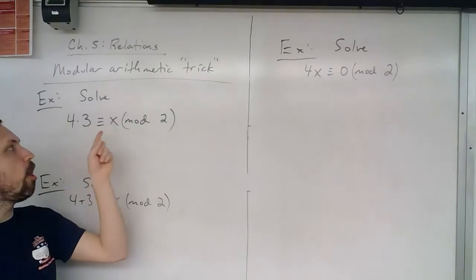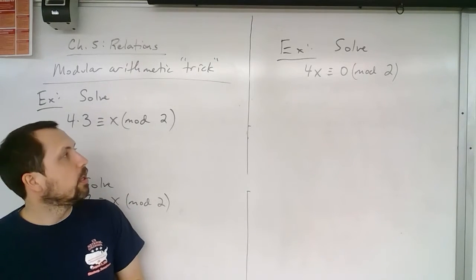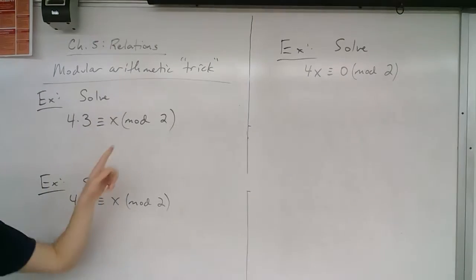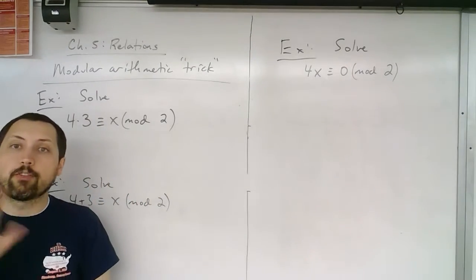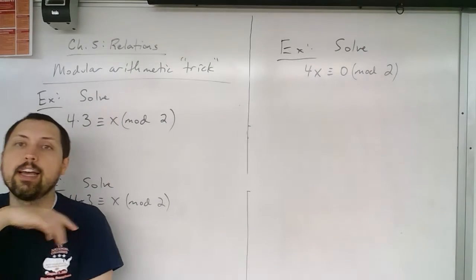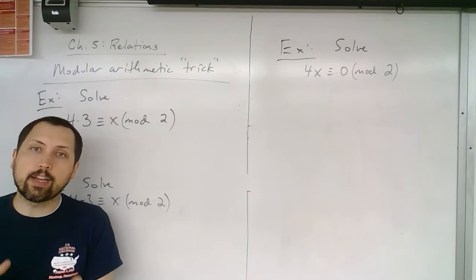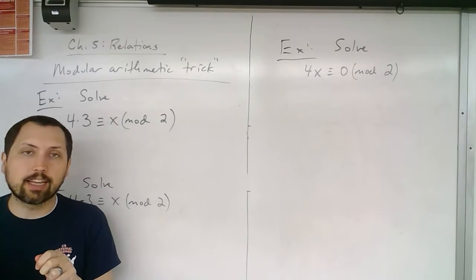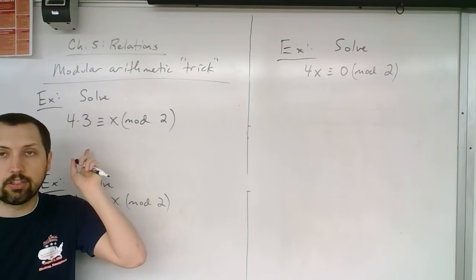So if we want to solve 4 times 3 is congruent to x mod 2. Now, the trick that we're allowed to do, well, I guess the first thing you would probably do is multiply this to be 4 times 3, get 12, and then figure out what 12 is congruent to mod 2. The trick that is nice with modular arithmetic is you could reduce these modulo 2 first.